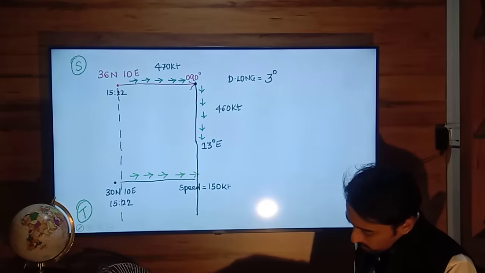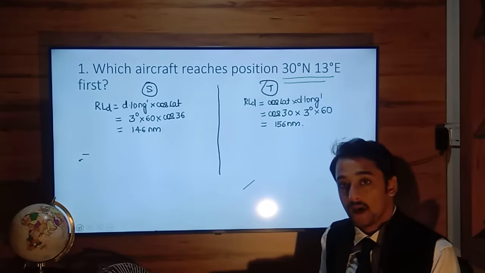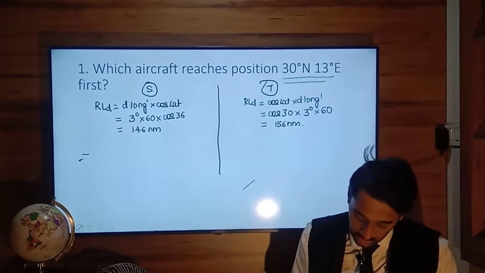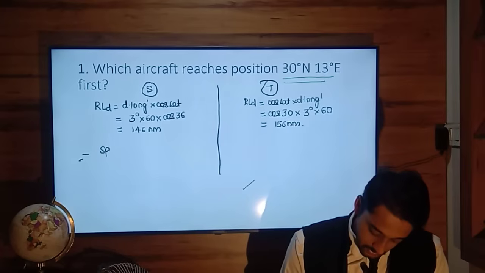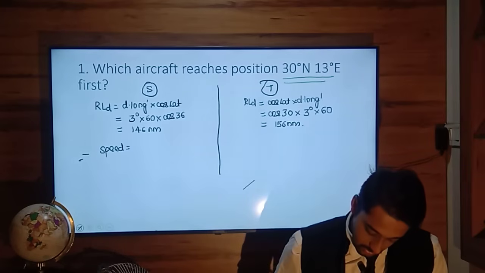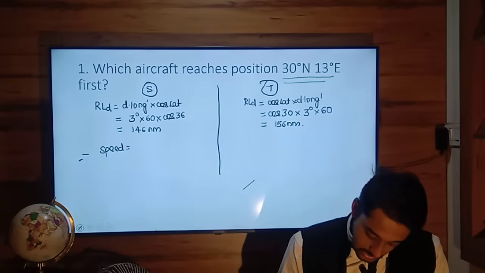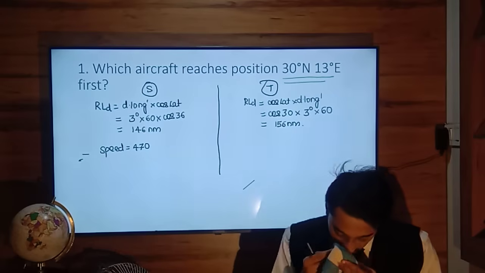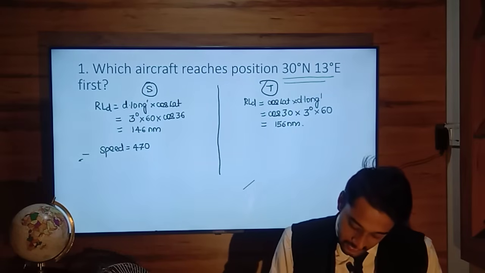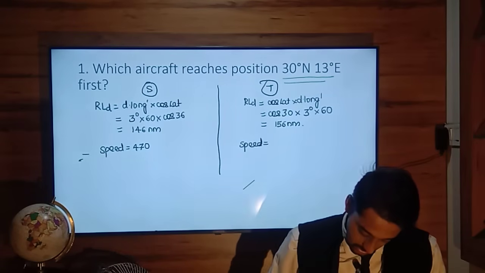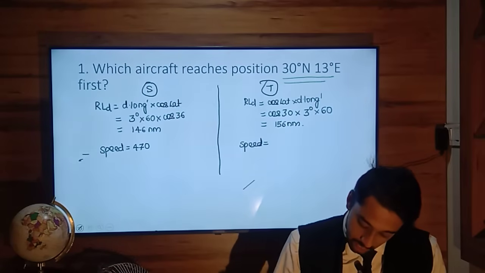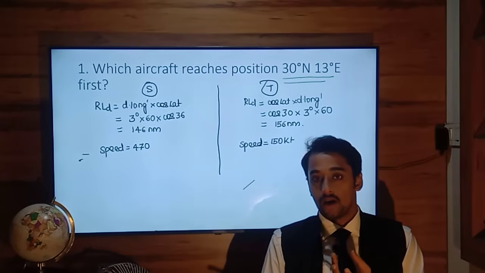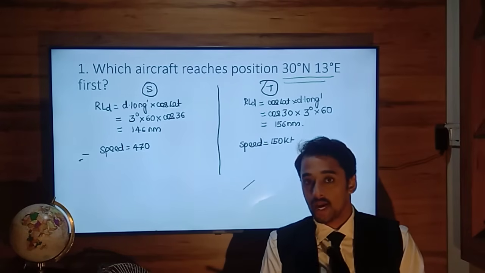Now we have speeds for both aircraft. Aircraft Sierra is flying at a speed of 470 knots, and aircraft Tango is flying at a speed of 150 knots. Now that we have distance and speed, we can easily calculate time.